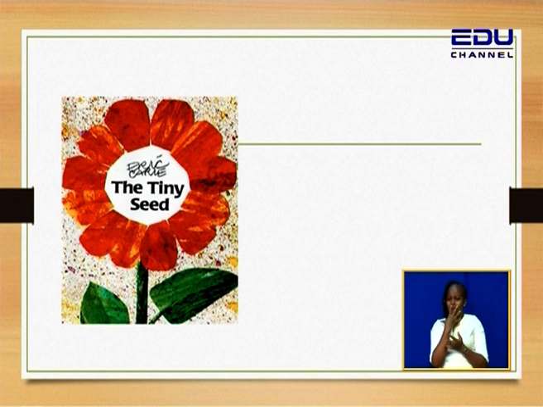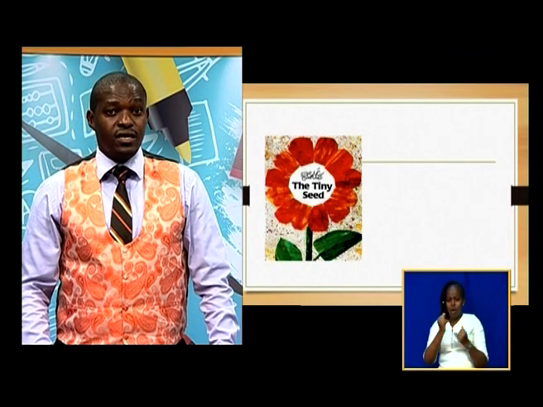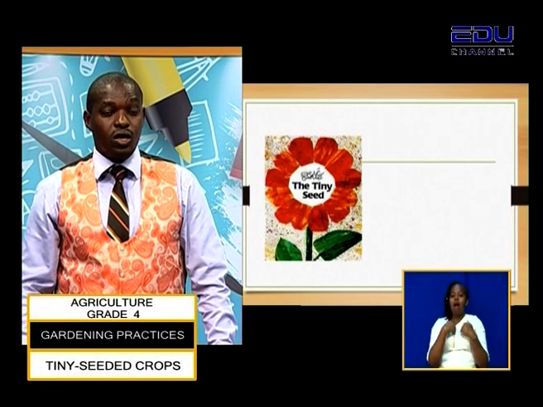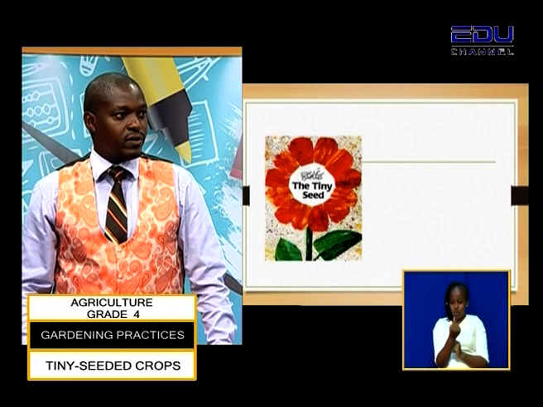It's a crop, something that we eat. That looks like a sunflower. Exactly. Well done. So that is a sunflower crop, one good example of a tiny seeded crop.